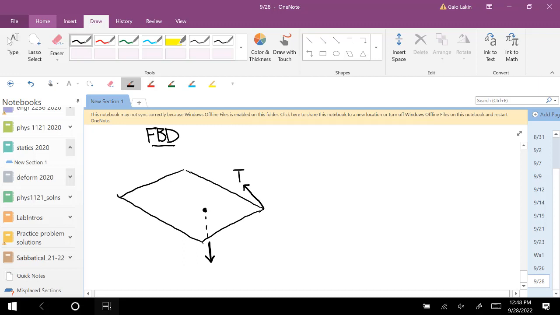That weight force is 60 times 9.81, so 586.7.